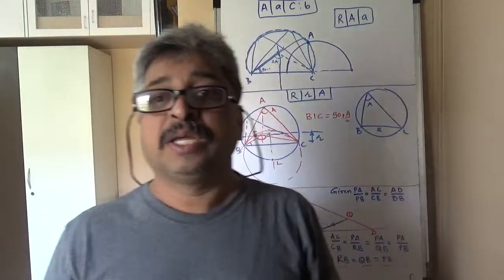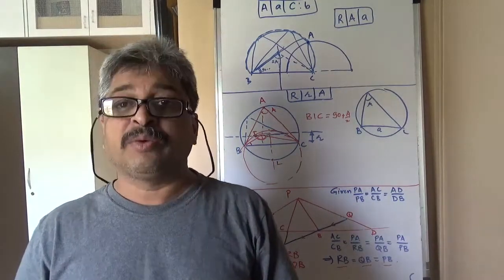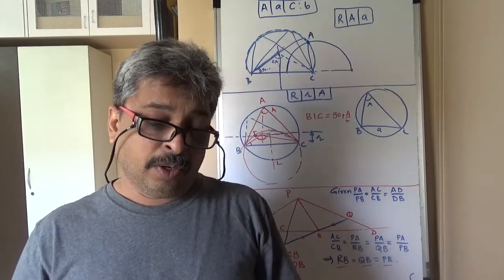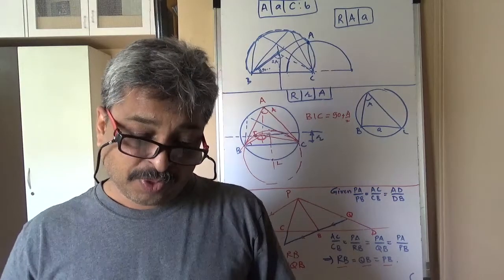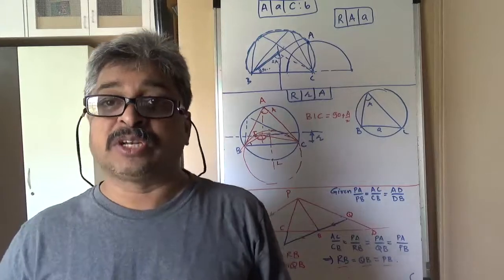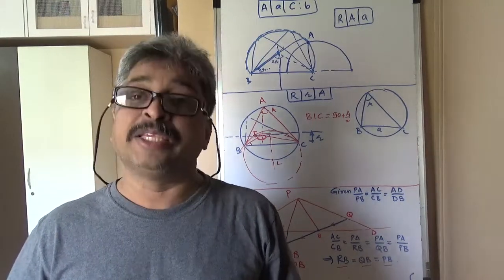Now this is a little involved construction, because you are required to do two different things for getting the locus of I. First, you are supposed to get the locus of A, which is the circumcircle, because our capital R and small r, capital A is given.